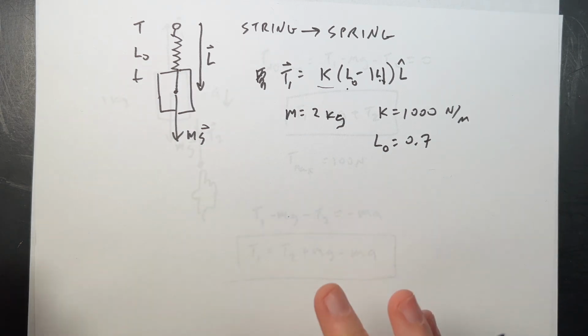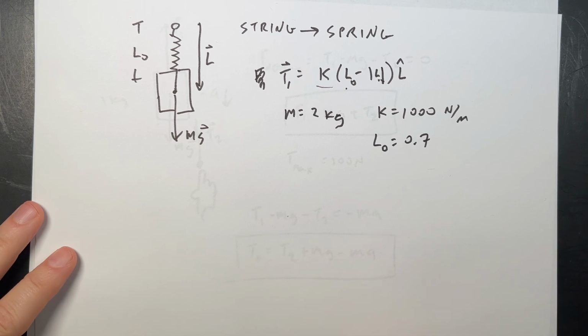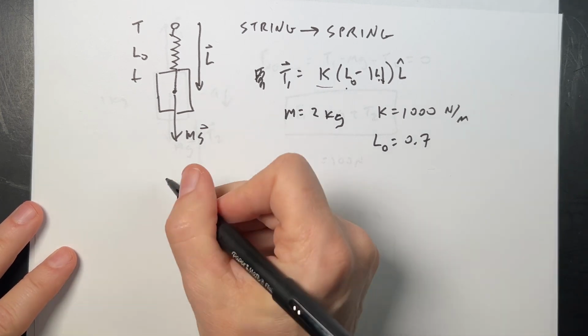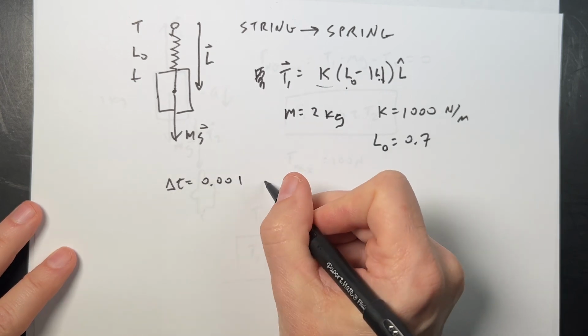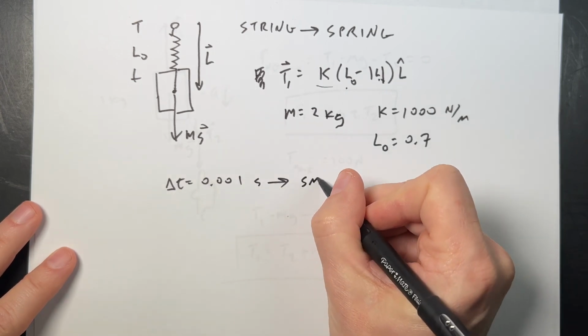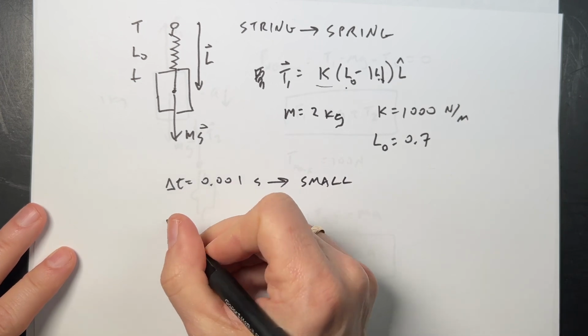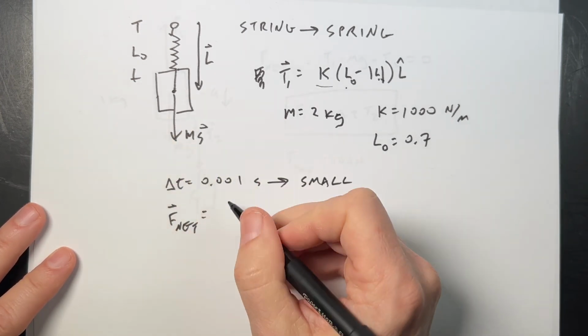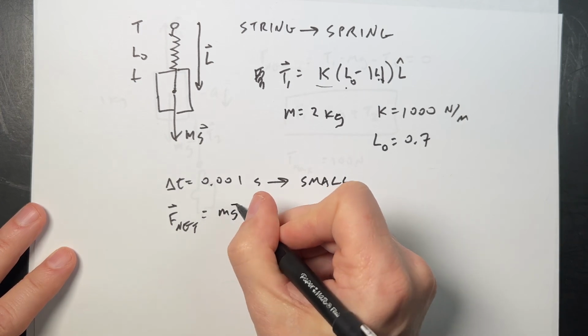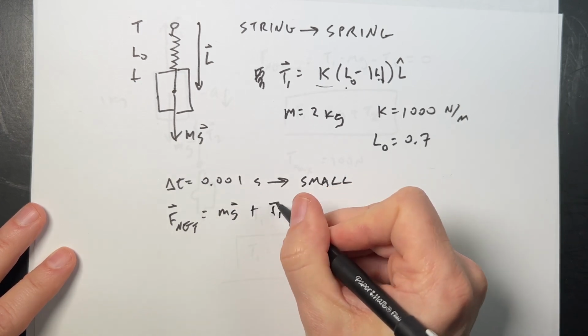Now, I'm going to go ahead and say also, if you haven't done a numerical calculation before, the key is delta T, 0.001 seconds, which is small. So if I do that, I can calculate the net force on the mass. It's just going to be mg plus T1, whatever that is.